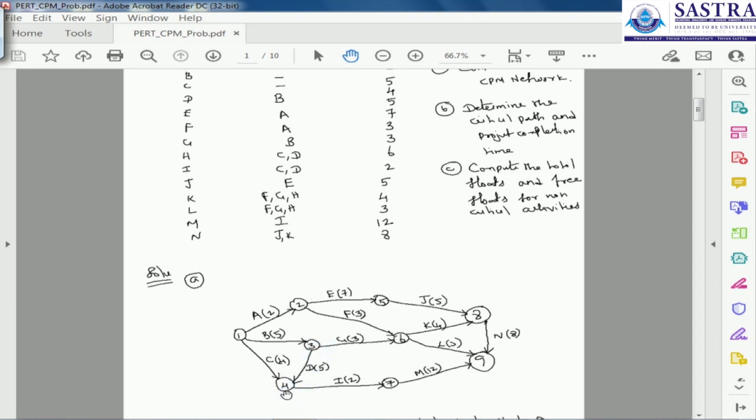Now nodes 1, 2, 3 and 4 have been completed.